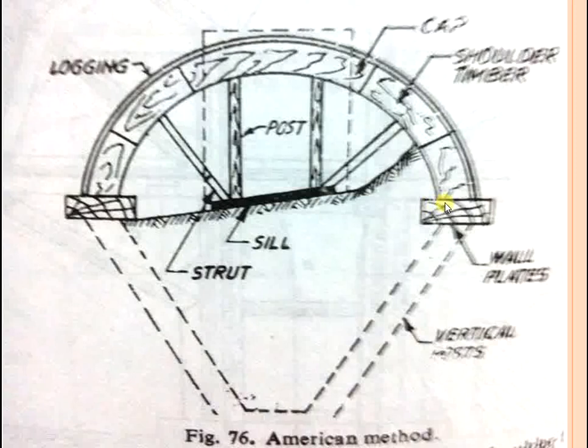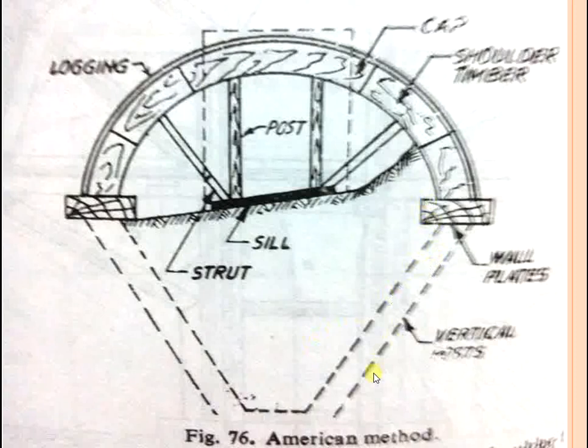Next, after the wall plates are supporting the arch section, we put in another strut, and we excavate the other materials or soft strata. Then we proceed and do all the work with the help of masonry, and this is nothing but the American method.